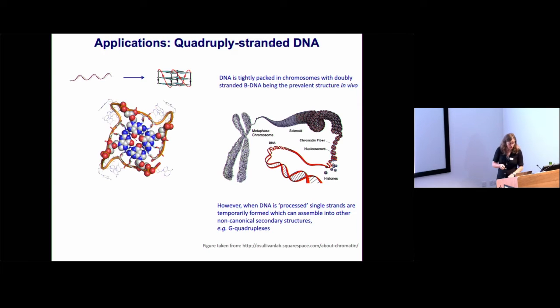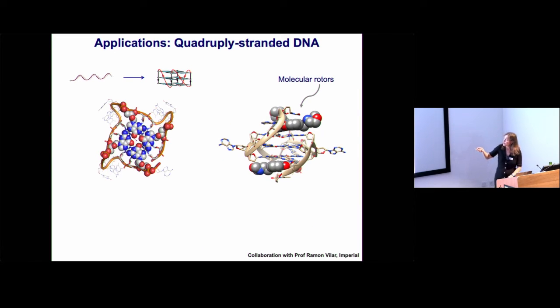Of particular interest to us is this unusual and not very abundant conformation of DNA, which is called the G-quadruplex, which happens when single-stranded DNA is rich in guanines, and then guanines can participate in Hoogsteen hydrogen bonding with each other, forming this tetrad. And so we are going to use the ability of our molecular rotors to specifically bind on top of this tetrad, and by the specific conformational change, cause a change in lifetime, and then indicate their presence in cells.